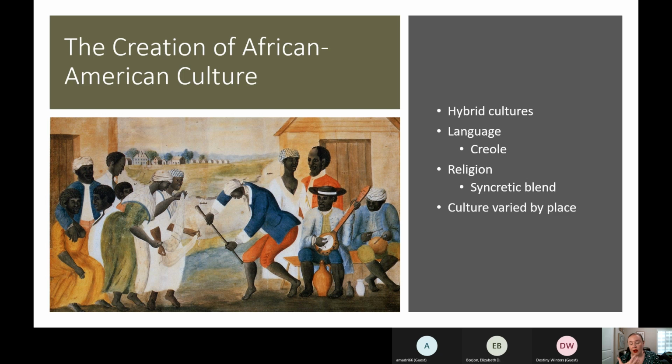Some Africans, rather than choose to run away, which again was highly risky and very difficult to do during this time period, would choose to resist in other ways, like maybe take their sweet old time doing a job, or maybe break their tools, or do something else to resist and push back. So I do want to emphasize that when we're talking about enslaved people, while they don't have a whole lot of power and control over their situation, they do have some, right?